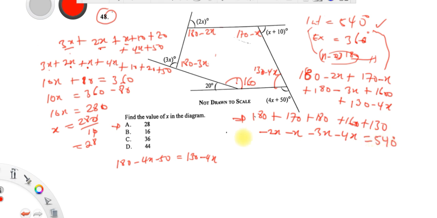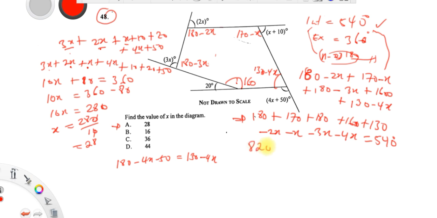So we have 180 plus 170, plus another 180, another 180, then plus 160, and then plus 130. If you add all these numbers, you get 820.